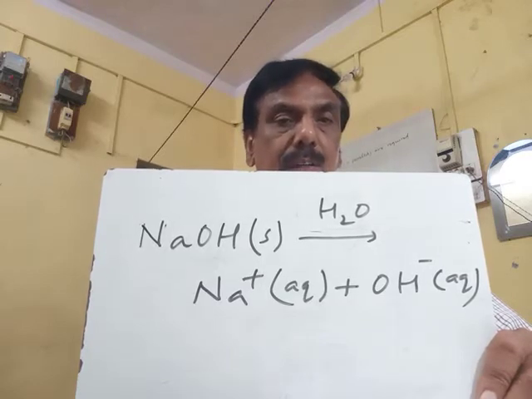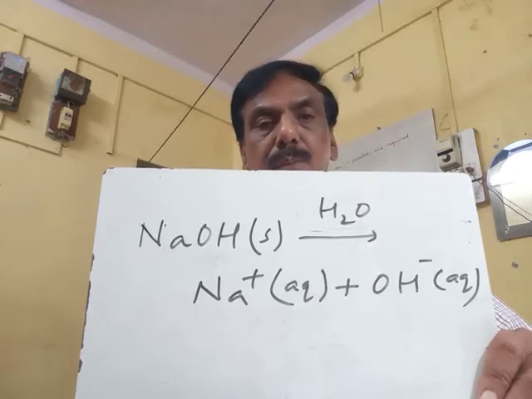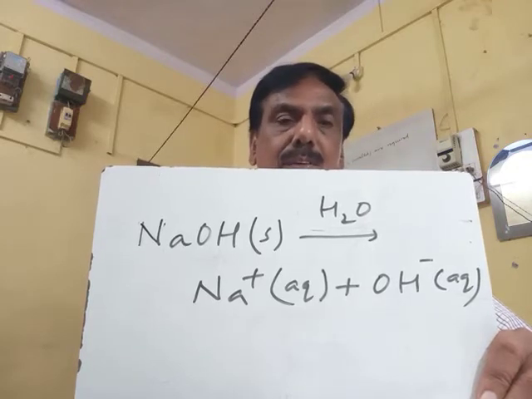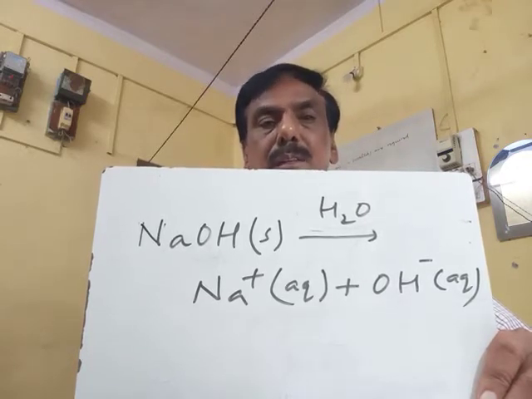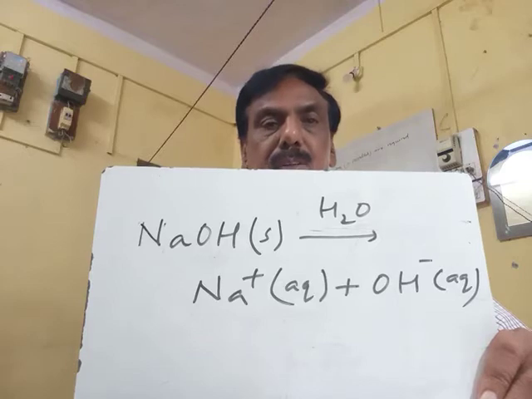They are in the aqueous form. Metals always form positive ions, because they lose electrons. That's why they form these positive ions, and non-metals form negative ions because they always accept electrons.